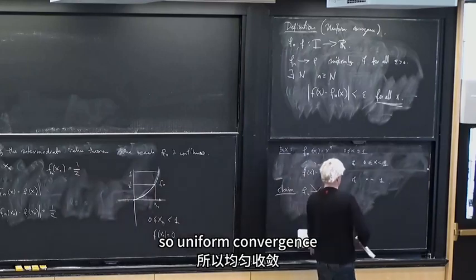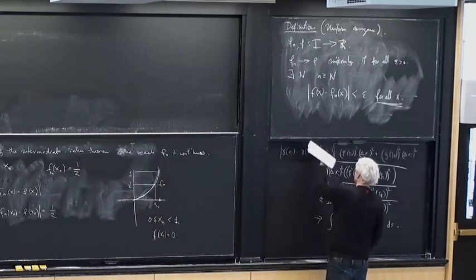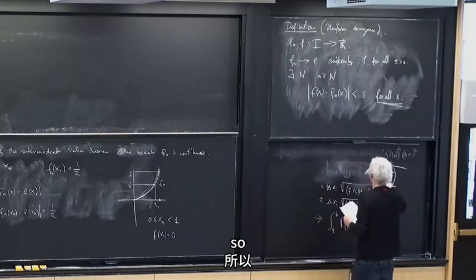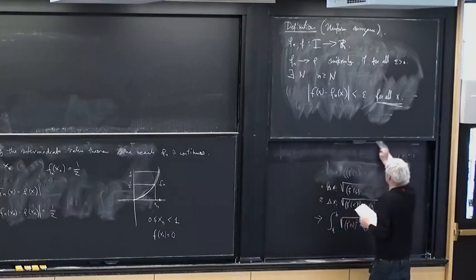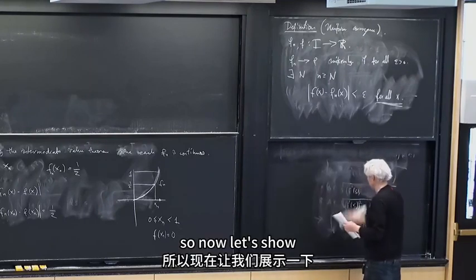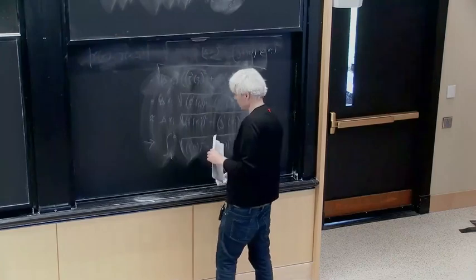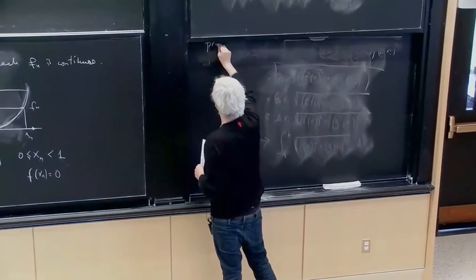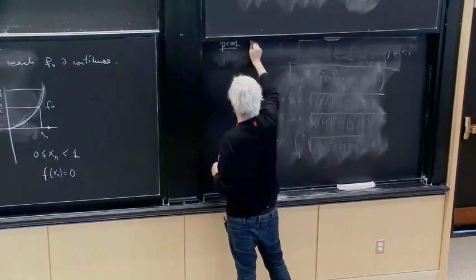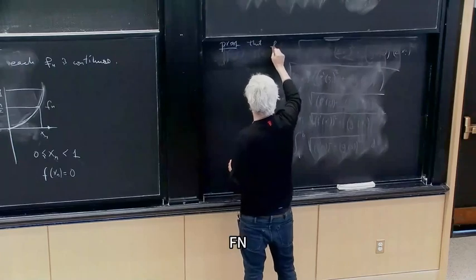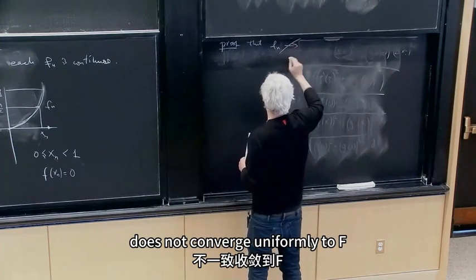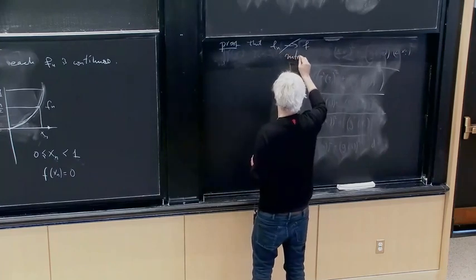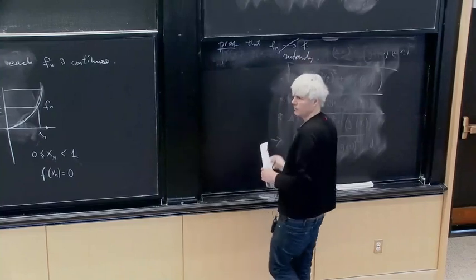So now let's prove that Fn does not converge uniformly to f. Right?